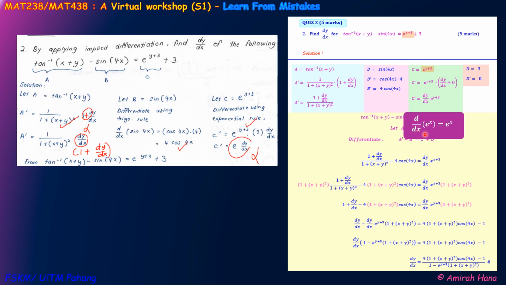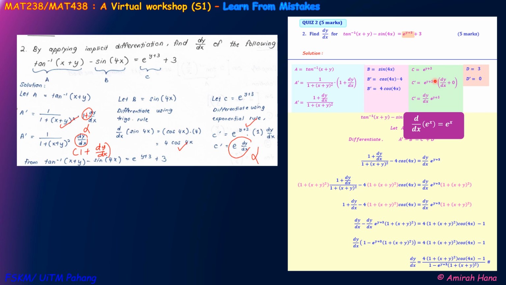The derivative of e to the power of x with respect to x equals e to the power of x, means we get back e to the power of x. So when we differentiate e to the power of y plus 3, we will get back e to the power of y plus 3, using this formula.